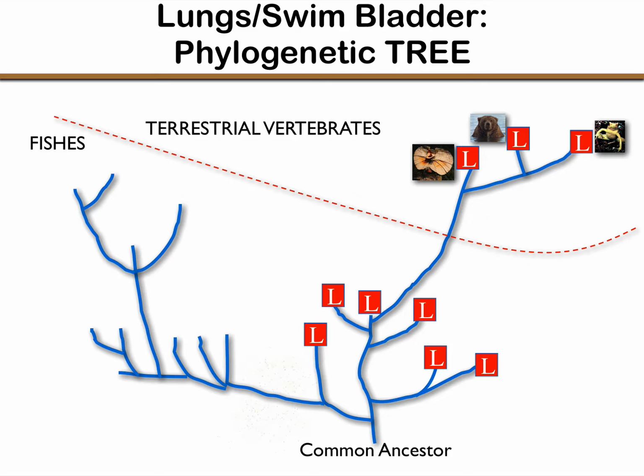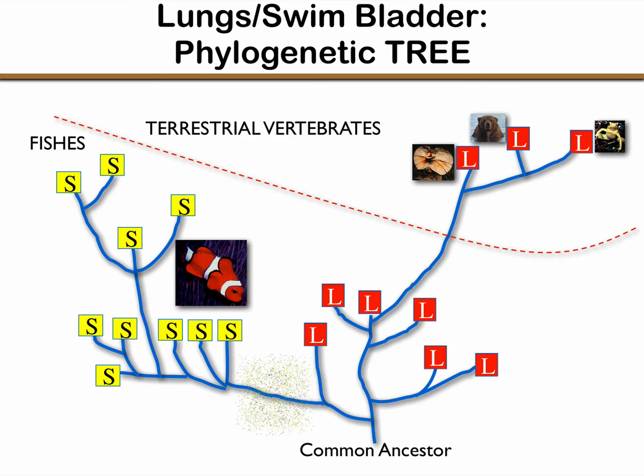Here is where the swim bladder evolved, right down there. The swim bladder evolved from lungs, not vice versa. So you can see why it's important to not even attempt to do any kind of evolutionary relationship using the scale, but rather abide by the phylogenetic tree.